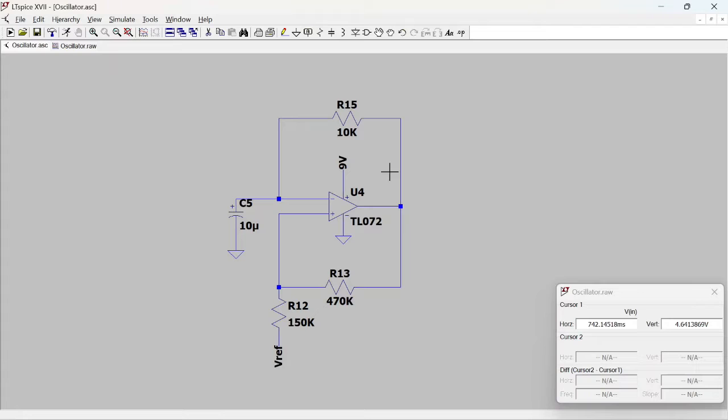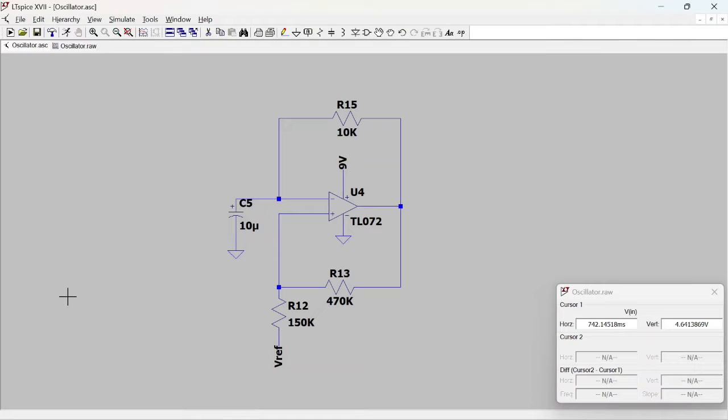So when the output is high, this capacitor is charging. If you remember, that's the part where the input is between that threshold part. So now, for example, it's high.